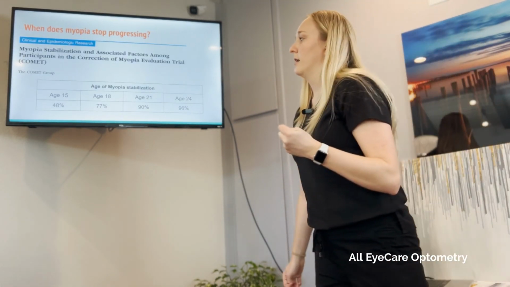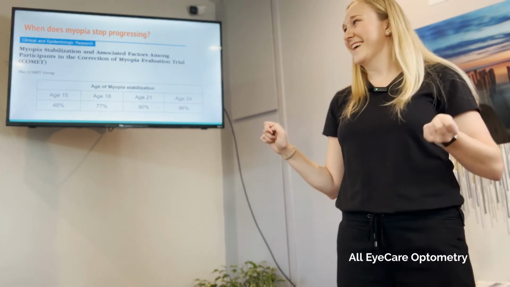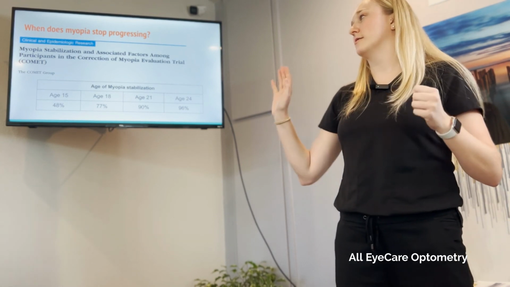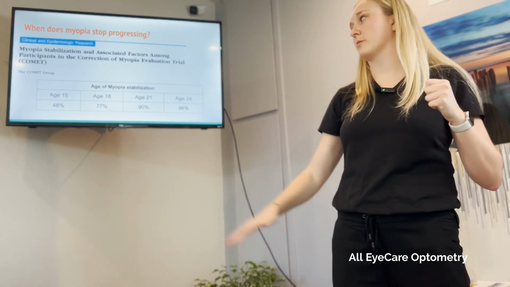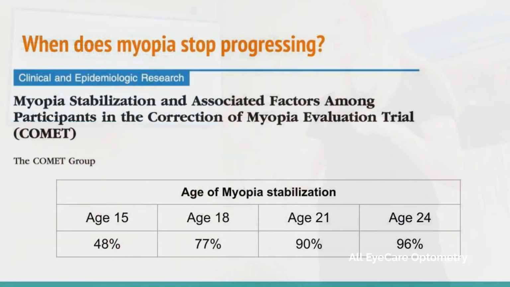Okay, and then, I've been in ortho-K for like 10 years. Can I be done? When does myopia stop progressing? So the COMET study looked at myopia progression in a lot of different aspects, but one of the things that it published was kind of age of stabilization. So we'll tend to do myopia control until patients are in their late teens, early 20s.